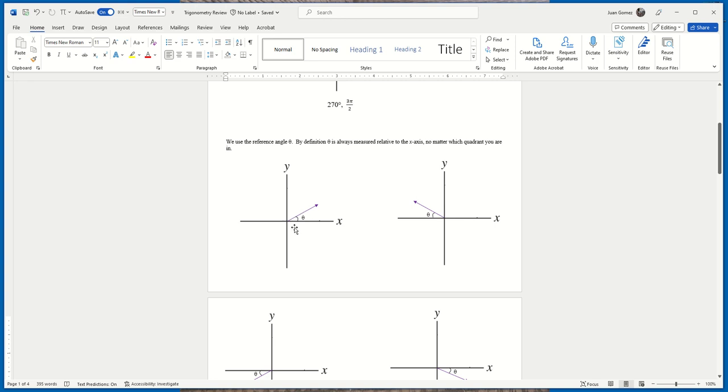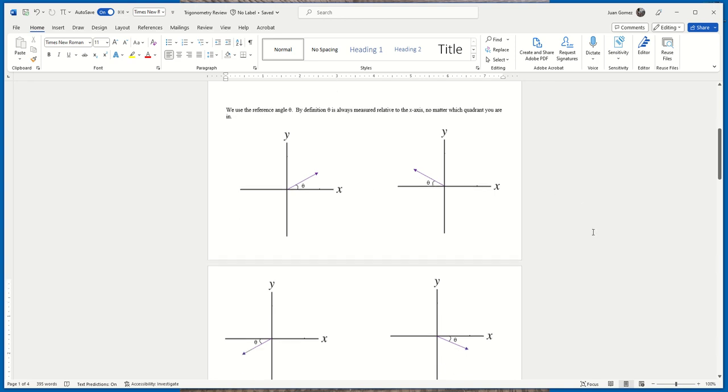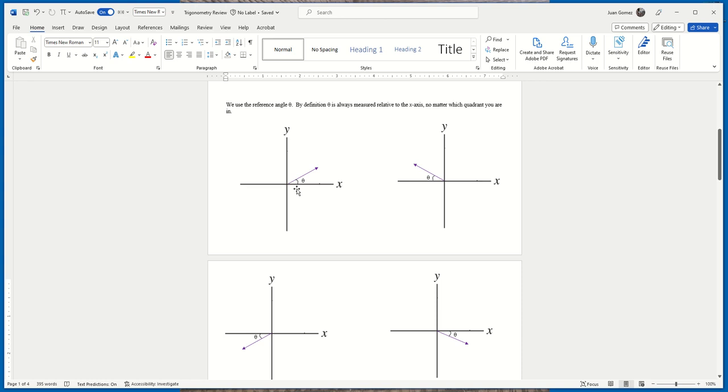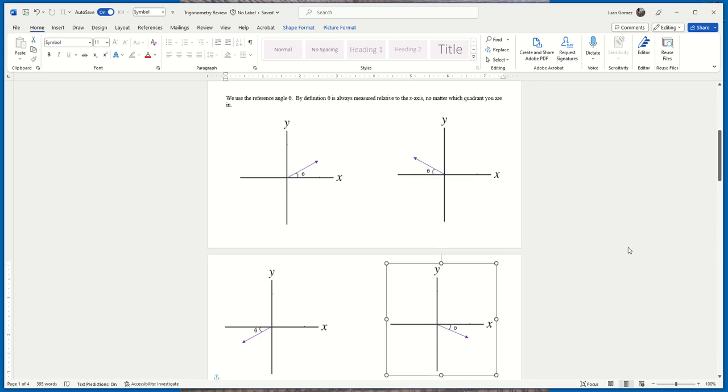So in Q1, that's your reference angle. In Q2, theta is your reference angle. It's always the angle that the vector makes with respect to the x-axis. So that's theta in Q1, theta in Q2. Here's the angle theta in Q3, and then the angle theta in Q4.